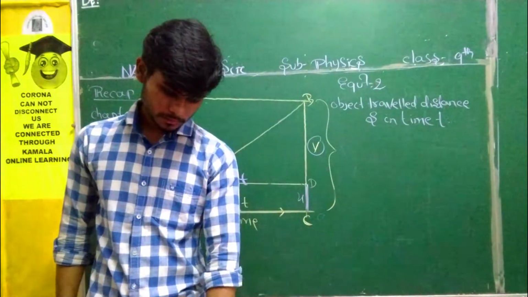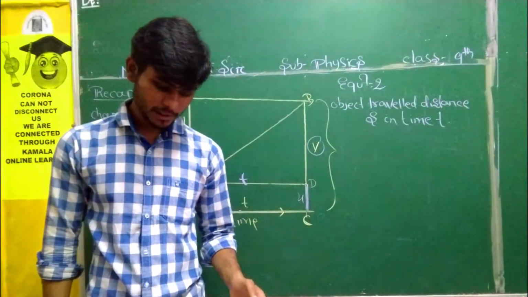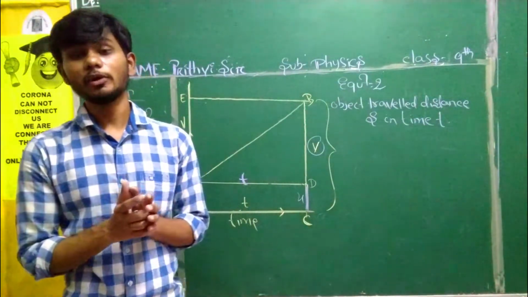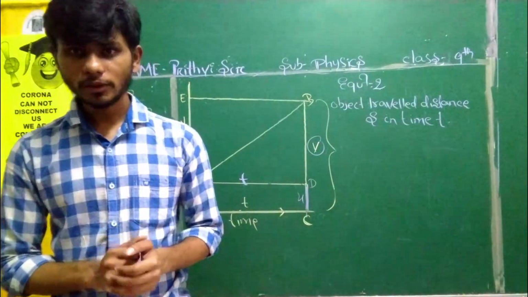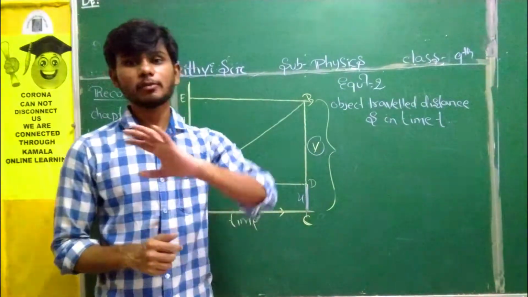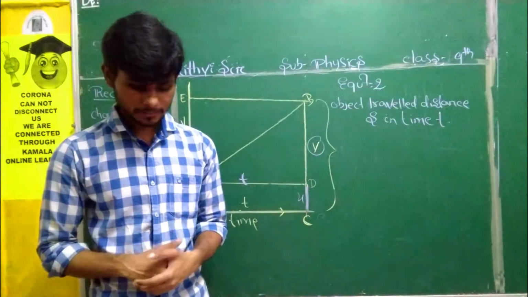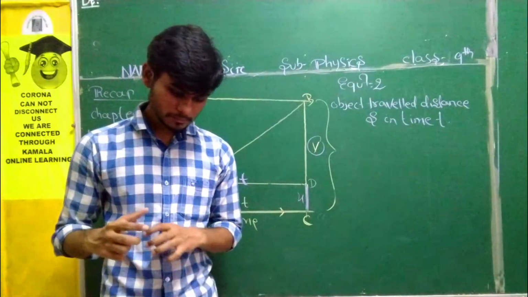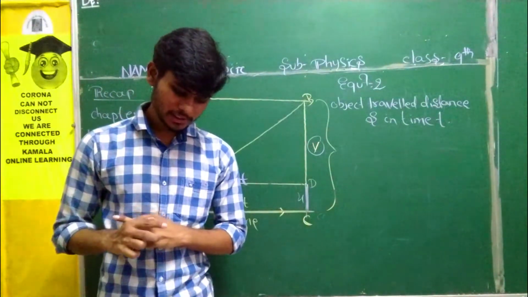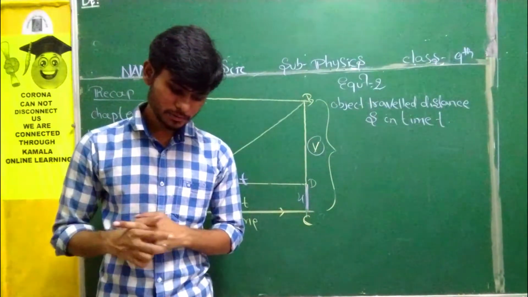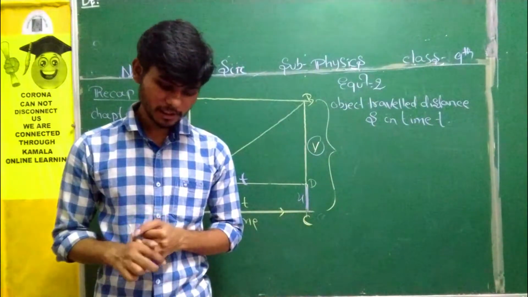Now, in time t under uniform acceleration, it has followed which path, students? It has followed uniform acceleration. Okay, with uniform amount of acceleration, it has followed a certain amount of path. Then what is it saying? The distance travelled by the object is obtained by the area enclosed within OABC under the velocity-time graph AB.